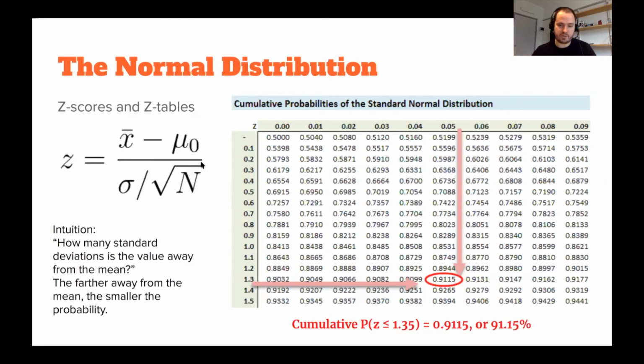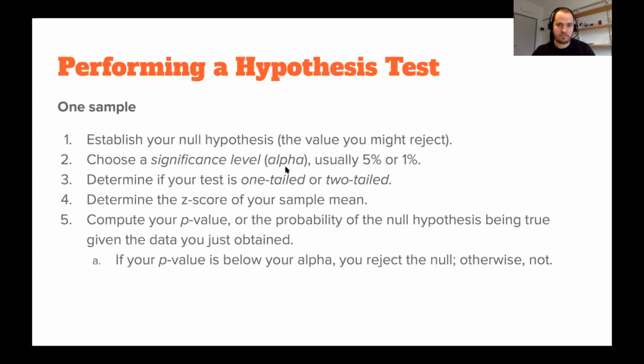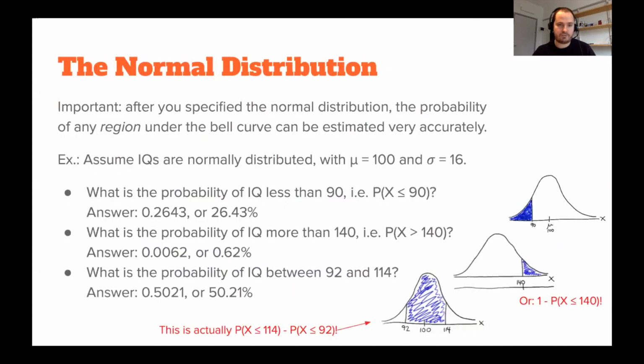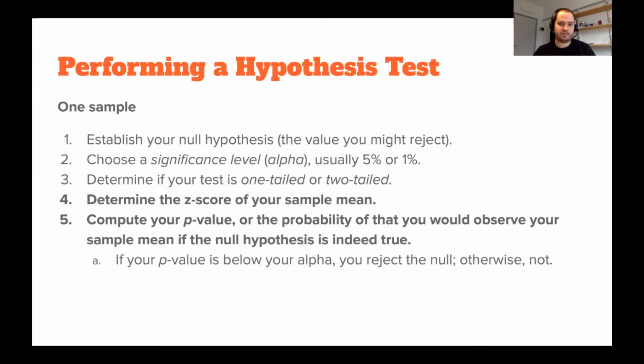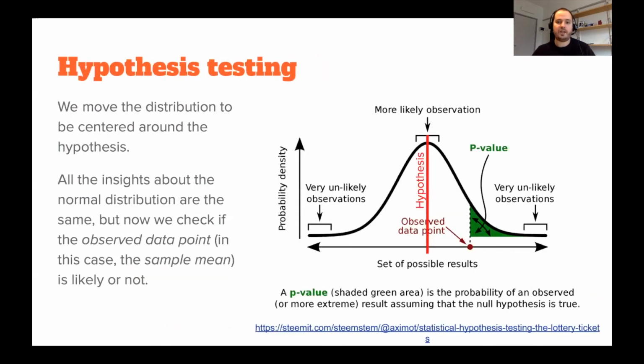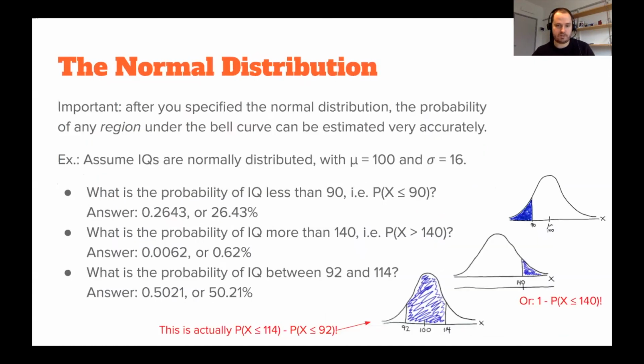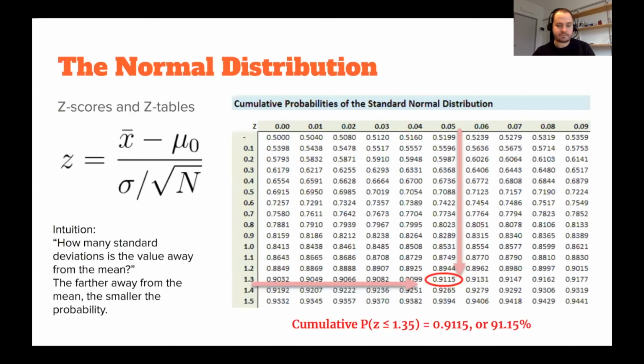So if you consider that you were centered here on the null hypothesis, a negative value would be a value to the left because it's less than your null hypothesis, and a positive value would be a value to the right because it's more than your null hypothesis. So they're still in this range in any way.